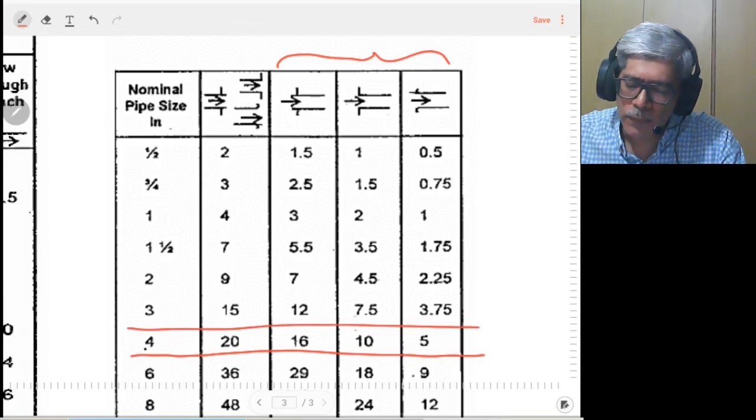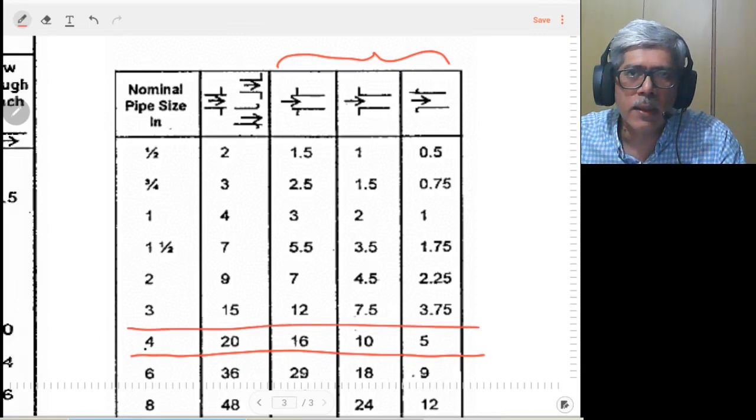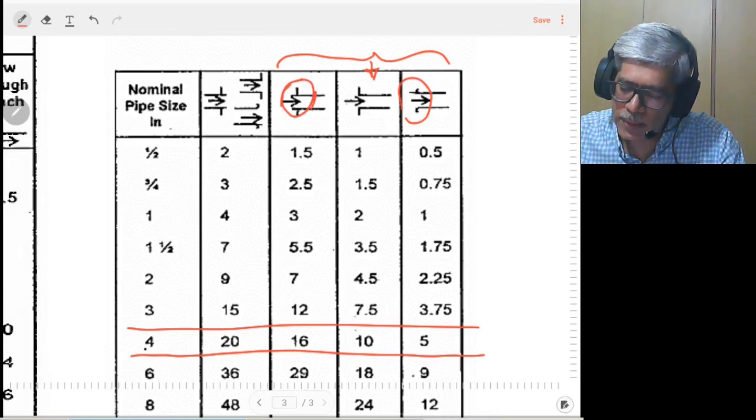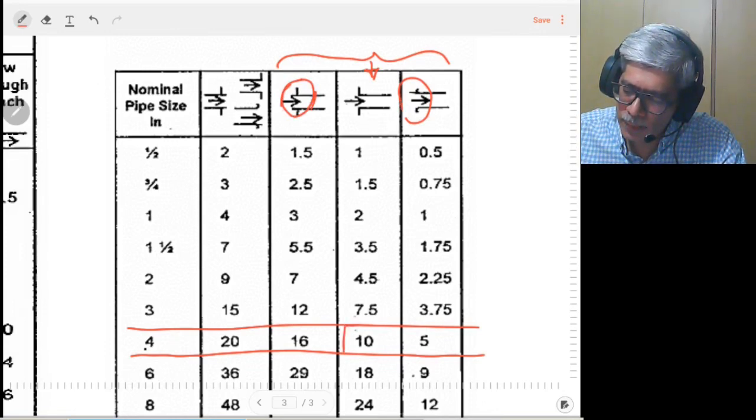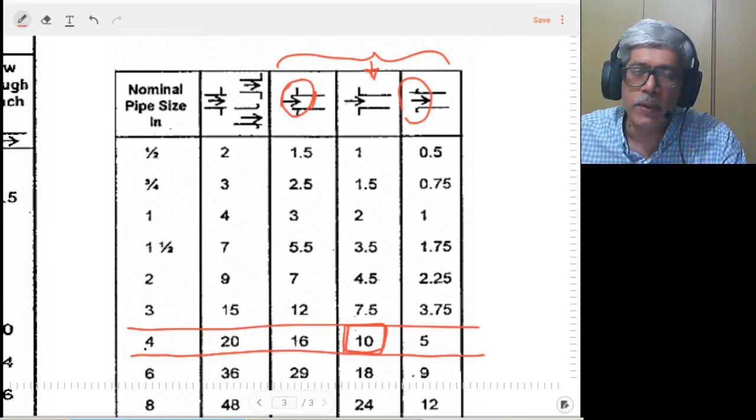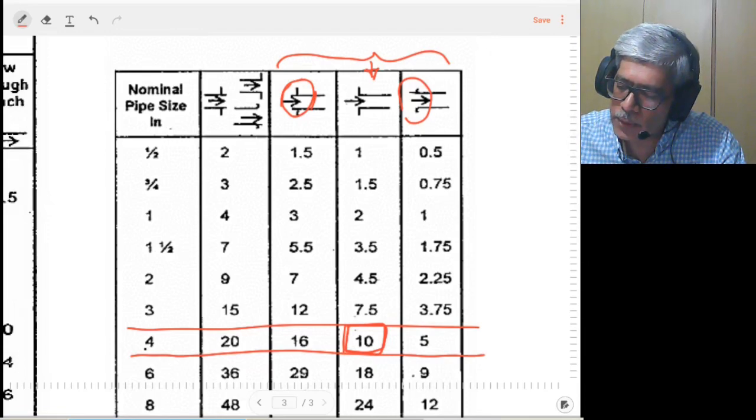And here, out of the three, since the construction details are not known, I'm assuming that the nozzle does not have a smooth profile or an internal projection. So in that case, the equivalent straight length of the entry would be given as 10 feet. So this is what we'll use in our calculation.